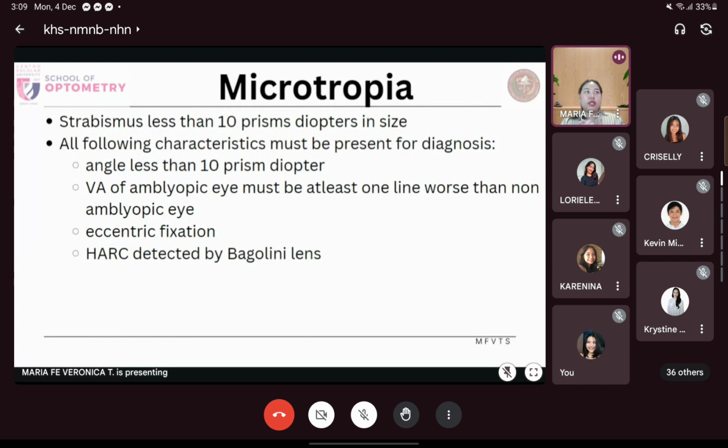Ang anomalous retinal correspondence, this is also a defense mechanism of a strabismic eye or an anomalous eye, na kahit yung points lumalagpas sa Panum's fusional area, nagkakaroon pa rin ng single binocular vision yung patient. Okay ba? Naiintindihan?